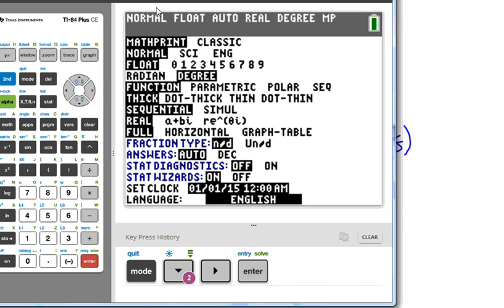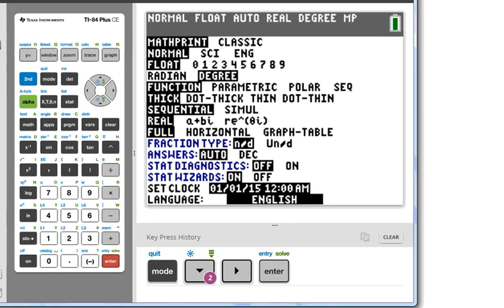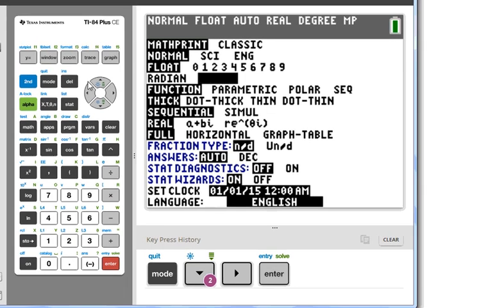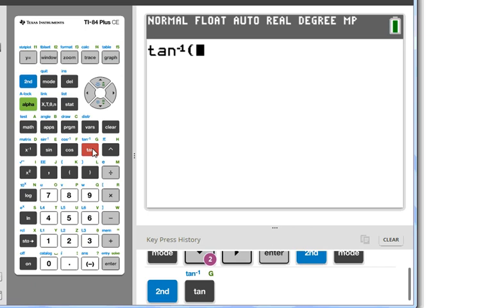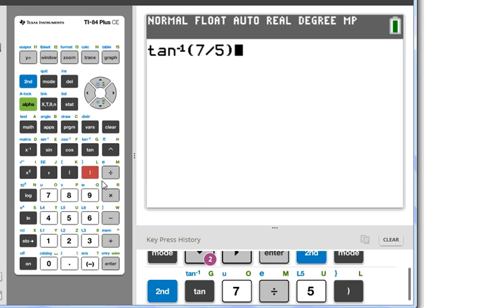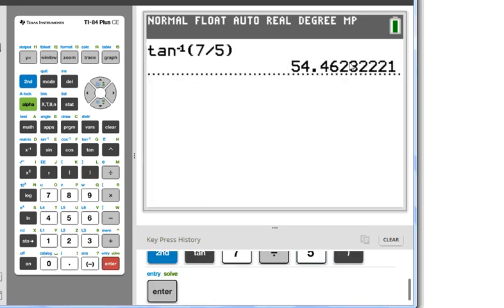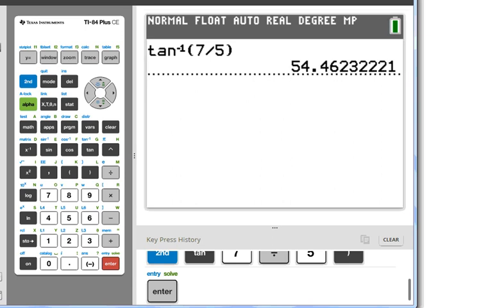Now we're in degrees. And so go out of here, and we have inverse tangent, second tangent, and we're going to go 7 divided by 5, and we get 54.5 degrees to the nearest tenth.